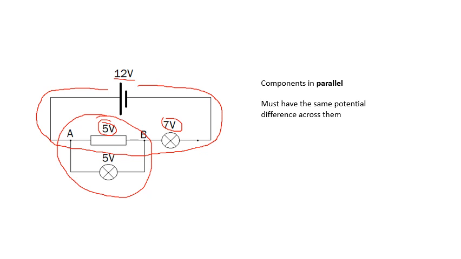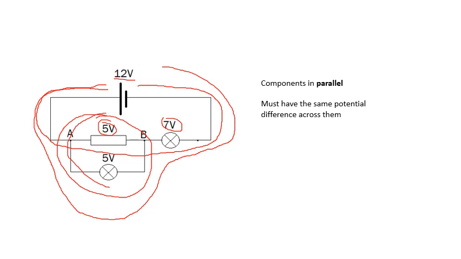So we're not breaking our first rule. Here's another loop. Let's go around this way. And again, 5 plus 7 equals 12. But in this case, what I'm interested in is this: components in parallel must have the same voltage across them.